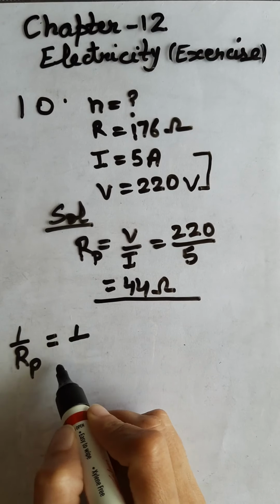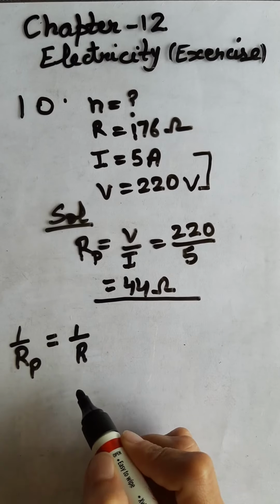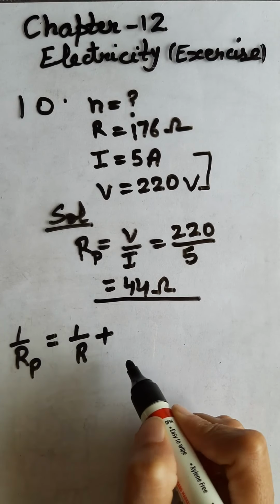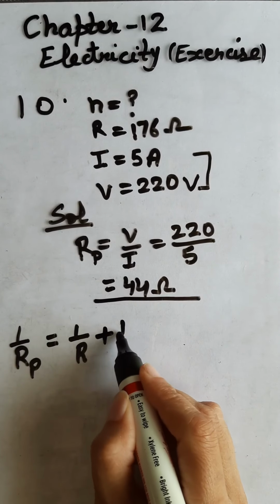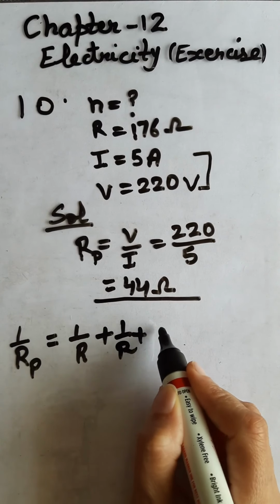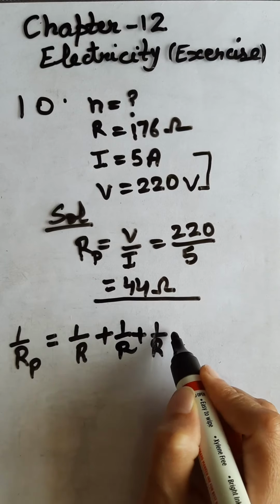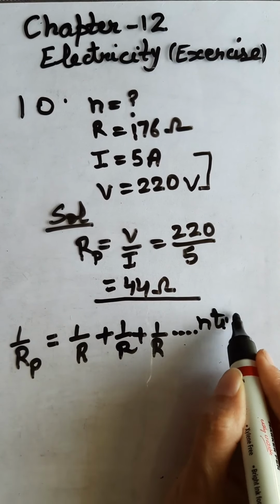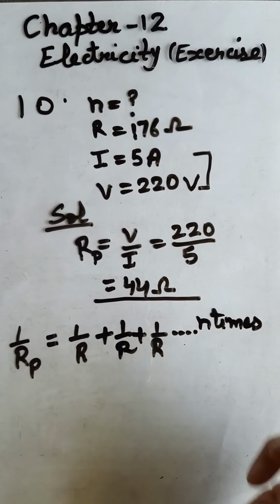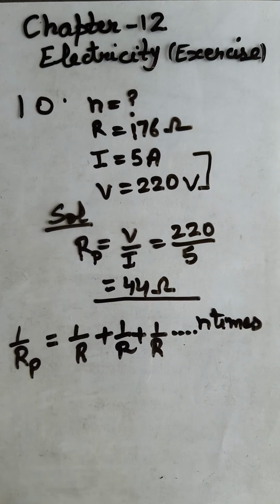According to formula, it will be 1 by R1 plus 1 by R2 and so on, but as resistance is the same, 1 by R plus 1 by R plus 1 by R, n times, because we have assumed that n number of resistances we have connected.